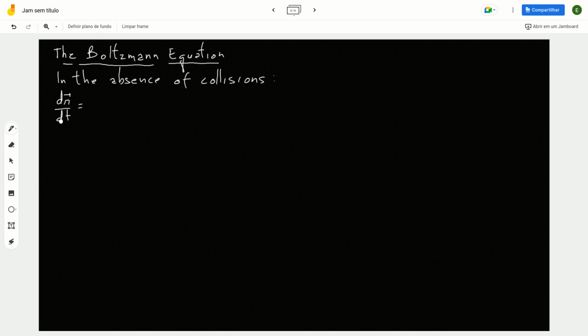Well, you may represent the derivative by this finite difference.